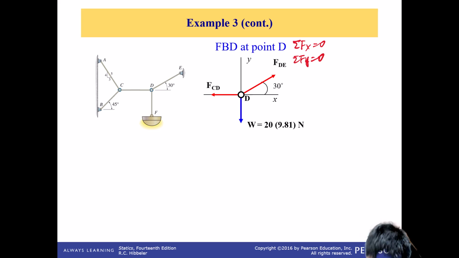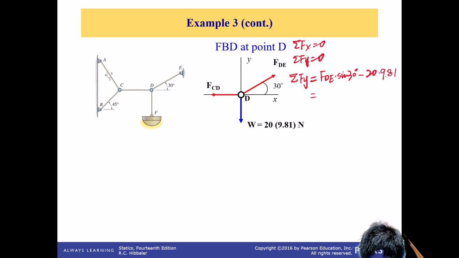The sum of the Fy will equal FDE times sine 30, which is upward so it is positive, minus W, which is 20 times 9.81.